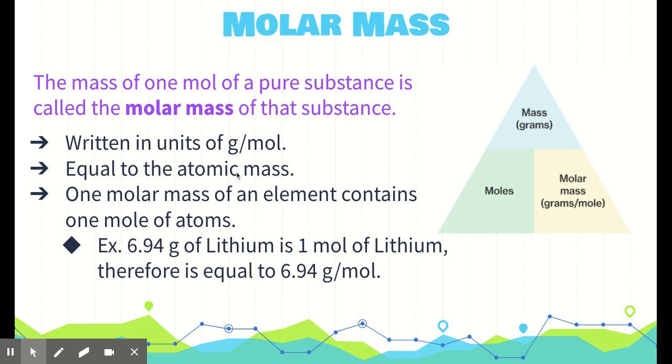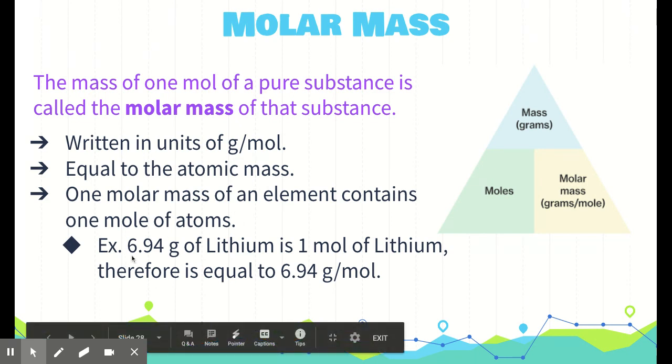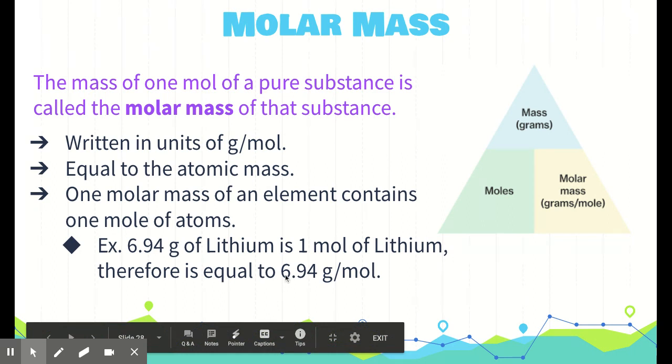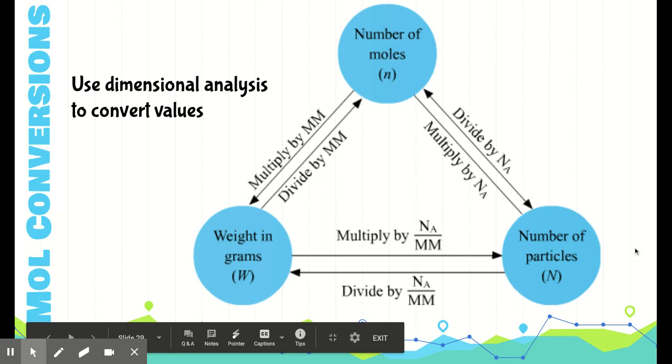This is equal to the atomic mass, and 1 molar mass of an element contains 1 mole of atoms. So if you have a sample of 6.94 grams of lithium, and that's 1 mole of lithium, it's going to be equal to 6.94 grams per mole for its molar mass. So the molar mass is equal to just the mass. That'll be very similar in anything we work on.